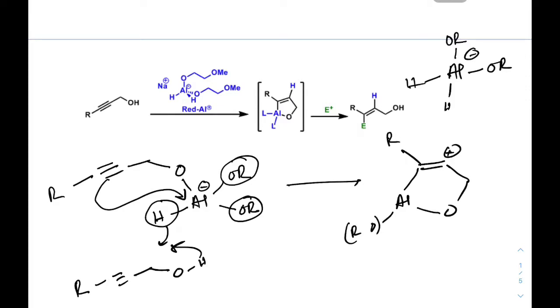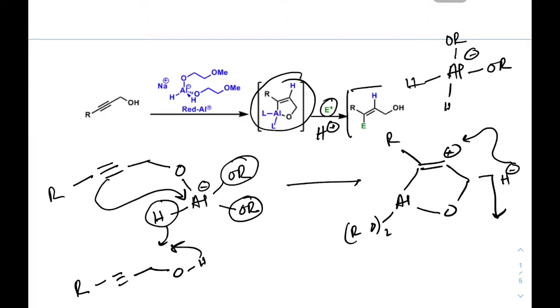After formation of this type of intermediate, another molecule of Red-Al attacks over there and forms this type of intermediate, and after that in the presence of an electrophile or H plus it gives this type of trans product.